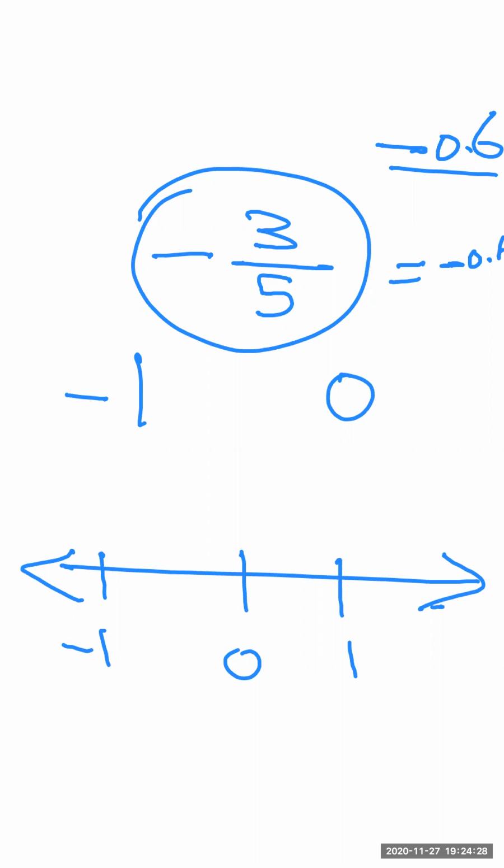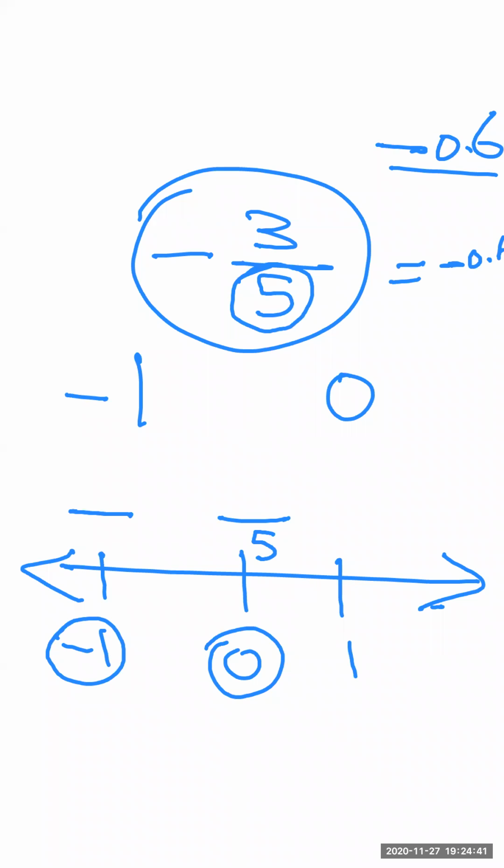So now what will be the next step? I'm going to convert these two numbers, 0 and -1, into fractions with the same denominator as my denominator here. So these two numbers will become something over 5. The first number is 0, which means 0 over 5. -1 means -5 over 5.